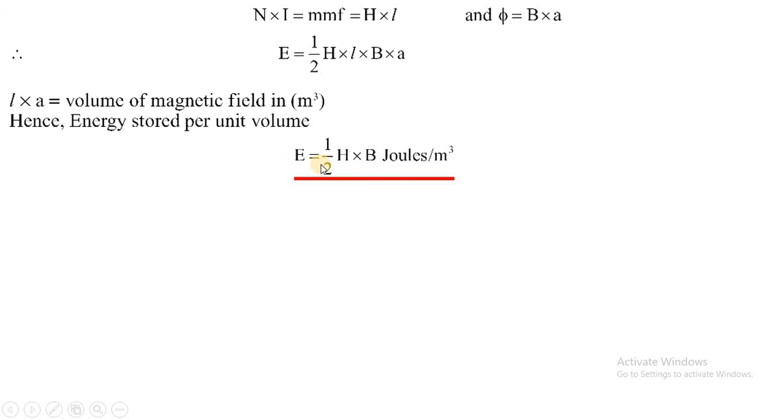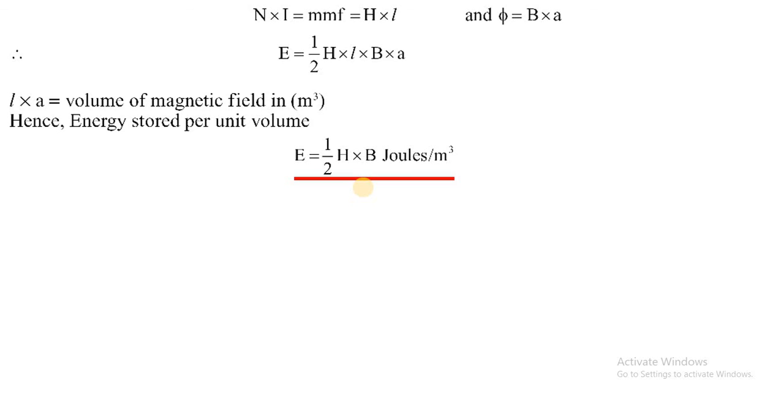It is E is equal to half B H. The unit is joule per meter cube. I'll repeat again: energy stored in magnetic field per unit volume is equal to half B H joules per meter cube.